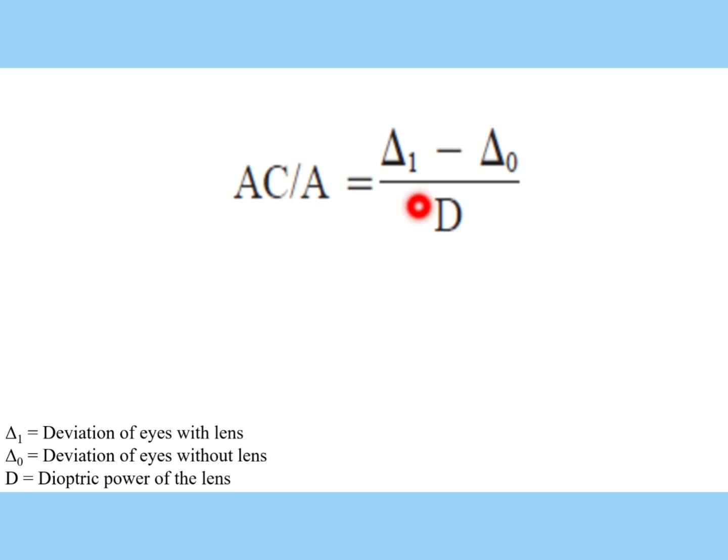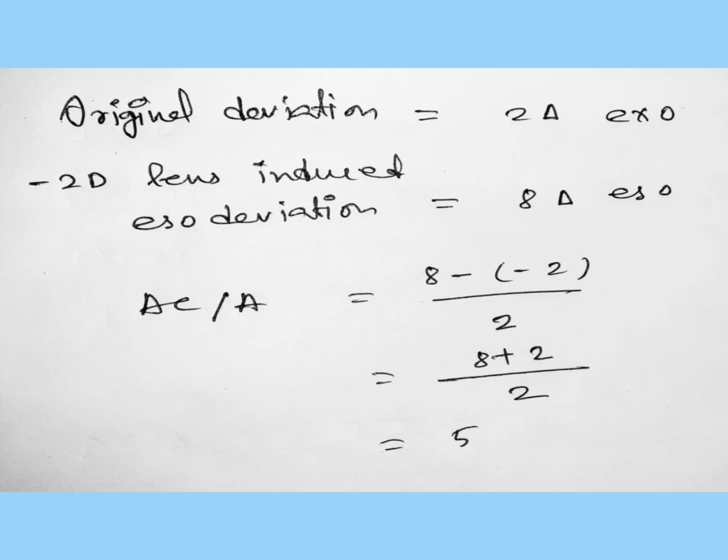So this is the formula where the AC/A ratio is equal to the deviation of the eye for the specific fixation distance using the lens minus the deviation of the eye without using the lens, divided by the dioptric value of the lens. This is the example where the original deviation is 2 prism exo. Exo means you need to use a minus sign.